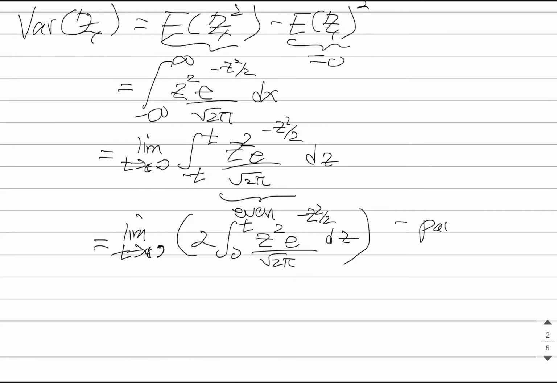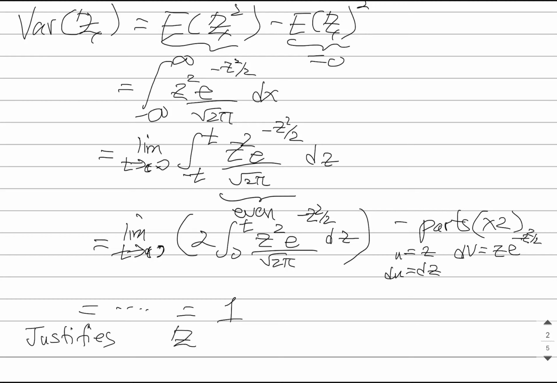So if you do integrate this by parts, and you're going to need to do it twice, where, for example, u would be z, du would be dz, and because of the nature of the expression up top, this choice of parts will eventually lead you to the result of 1. And this justifies the notation.